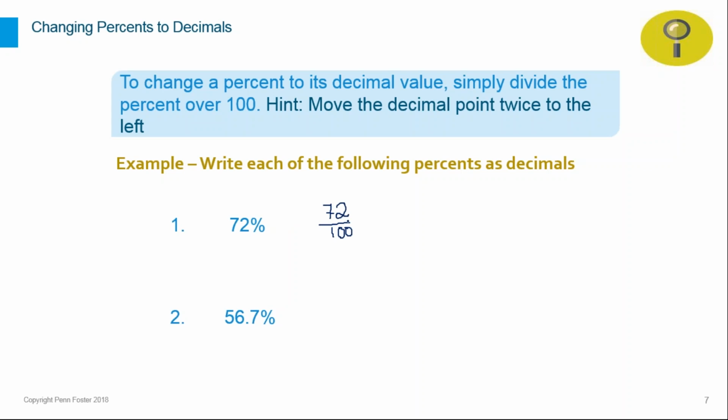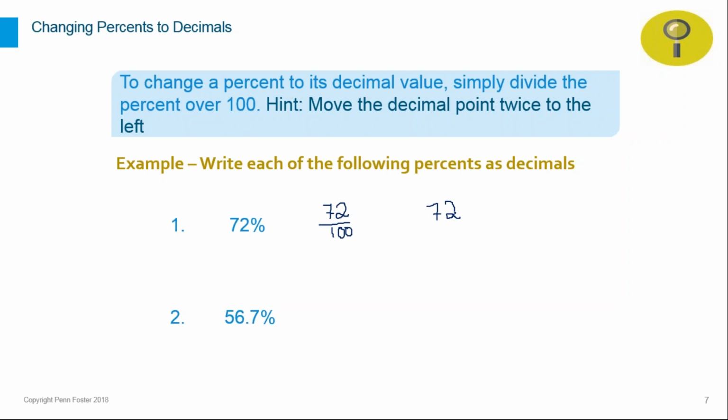But remember when we learned back in General Math 1, and maybe if you attended middle school and you didn't take our General Math 1 course, we always move the decimal point to the left or right if we multiply or divide by multiples of 10. So in that case, 72 is a whole number.